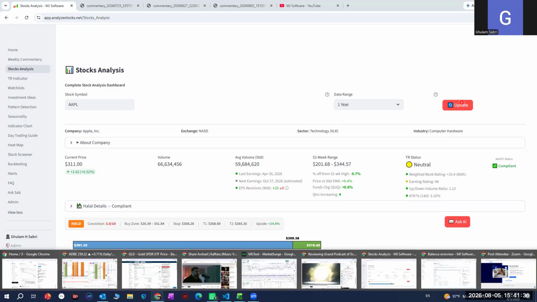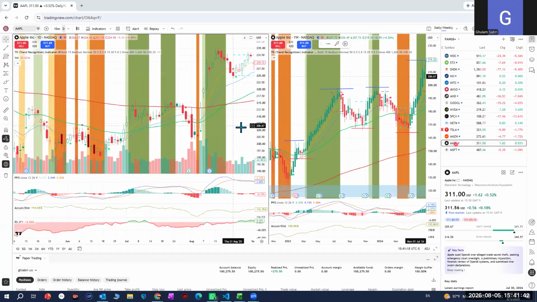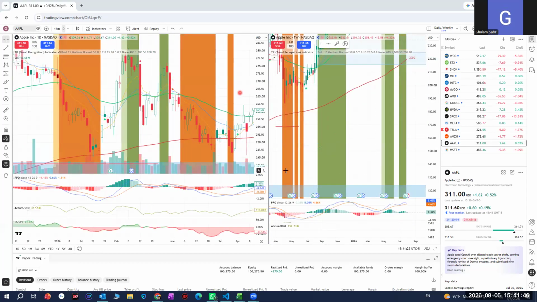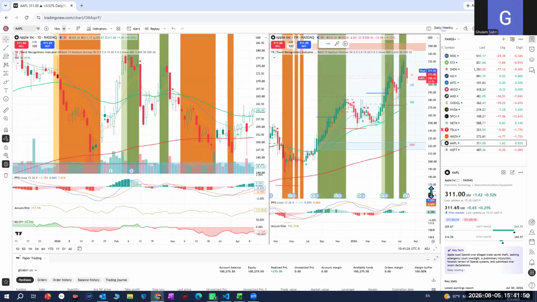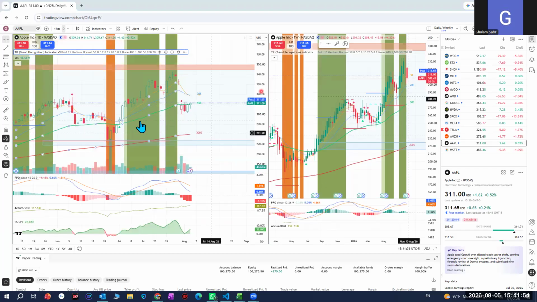Now, what does this mean? If we go back to this chart again and plot Apple here, this is Apple. I have this weekly chart here. It's in this white zone now. The green zone is over. That's the neutral zone. We don't know whether it's going to go down or up.